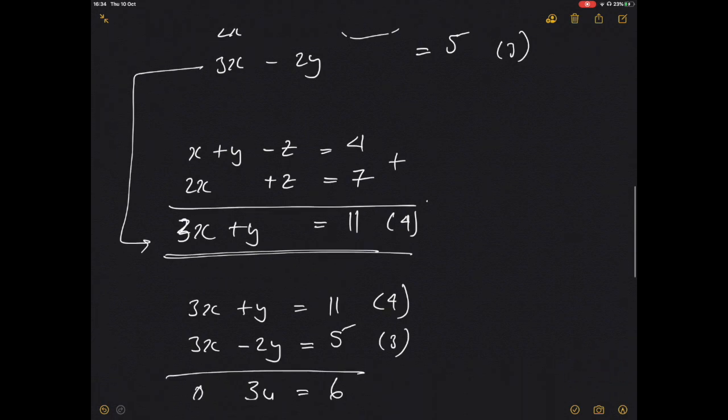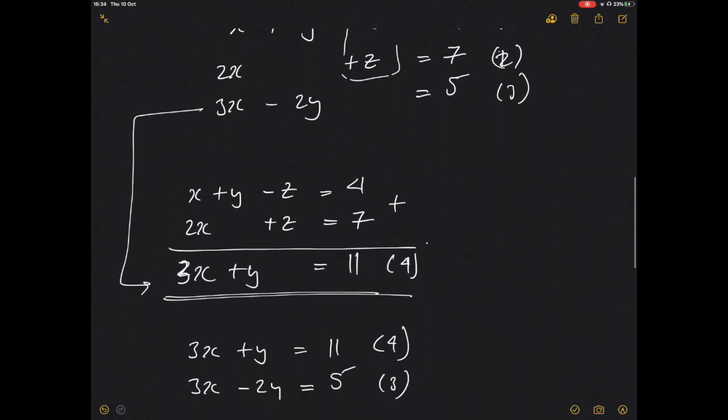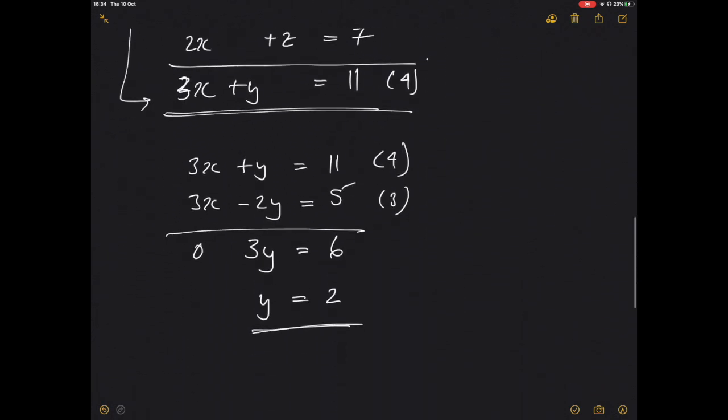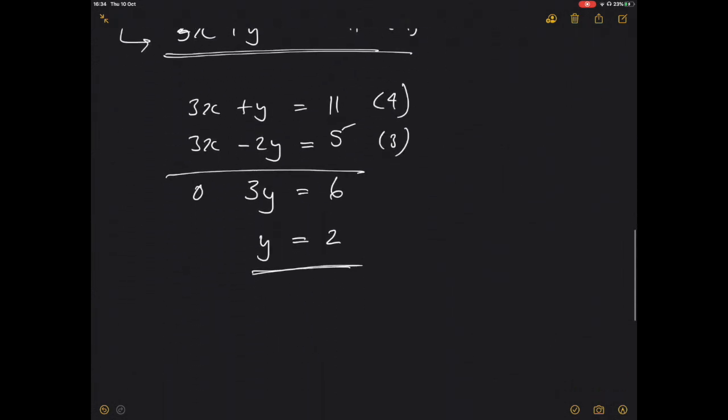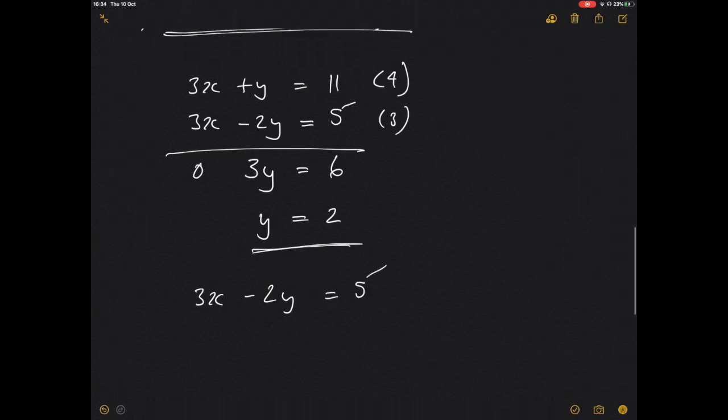So now we've got this, this is where we begin plain sailing. We have an answer for y, so that means that we can then start to solve x. That becomes quite simple. We take equation 3, 3x minus 2y equals 5.